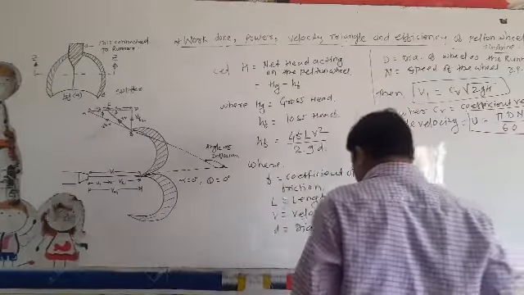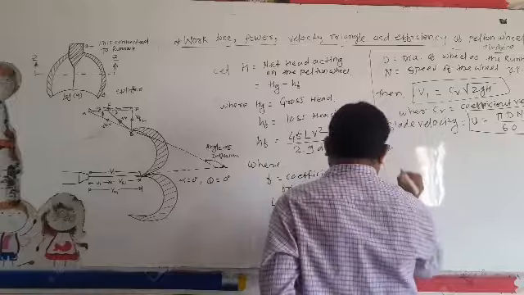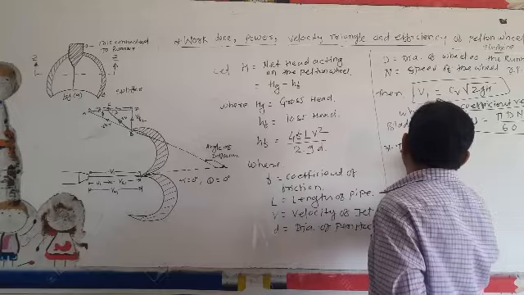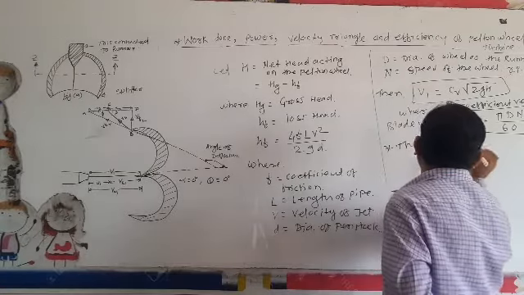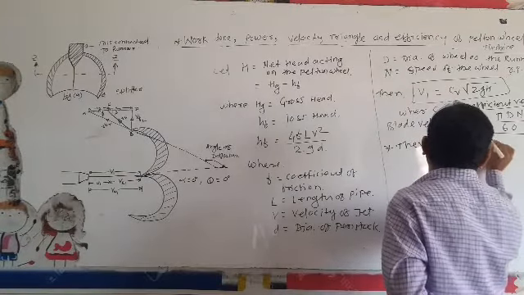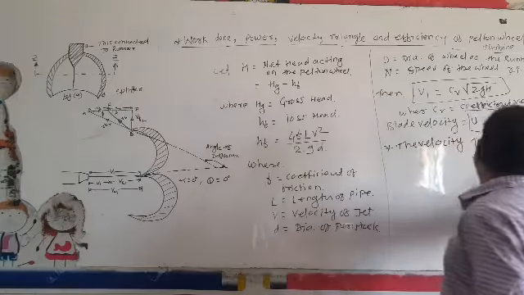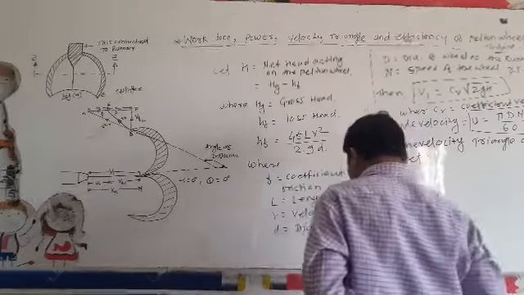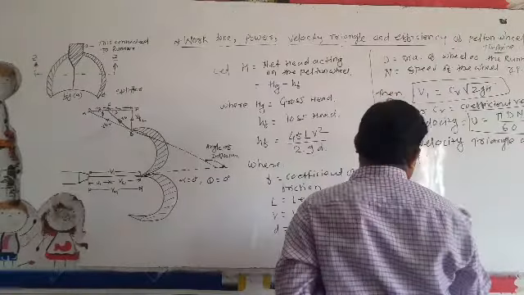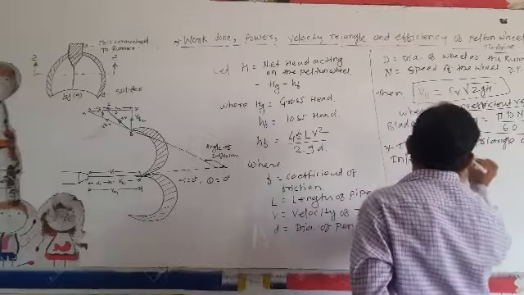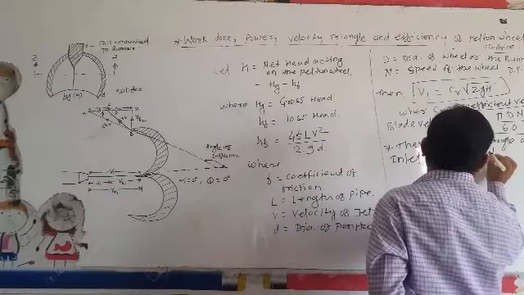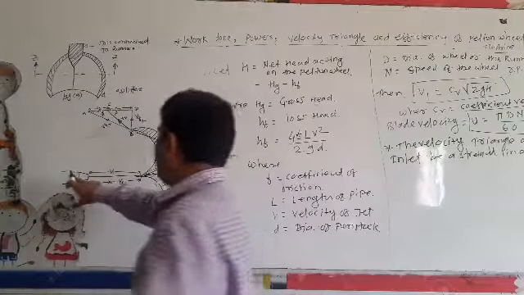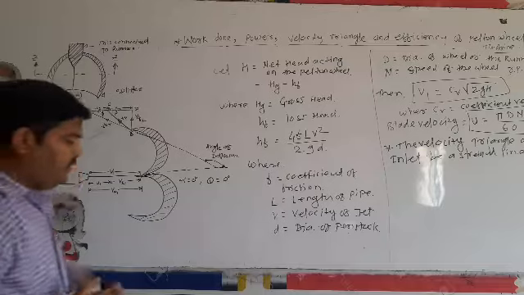Okay. Then next is the velocity triangle at inlet. The velocity triangle at inlet is a straight line.